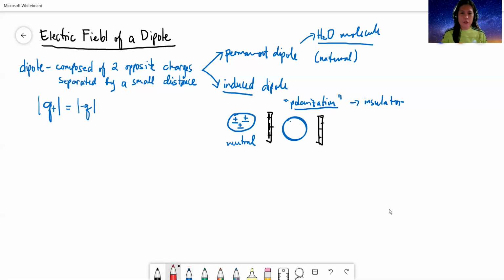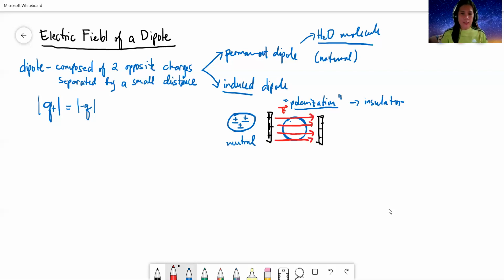If I draw the electric field here, we will learn later why the electric field is parallel here and equidistant. So these are the electric field lines, the red lines of our oppositely charged parallel plates, which we'll call a capacitor.